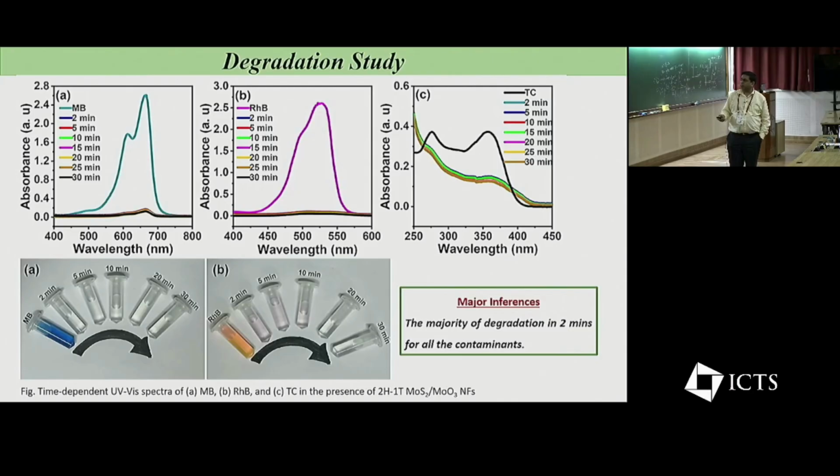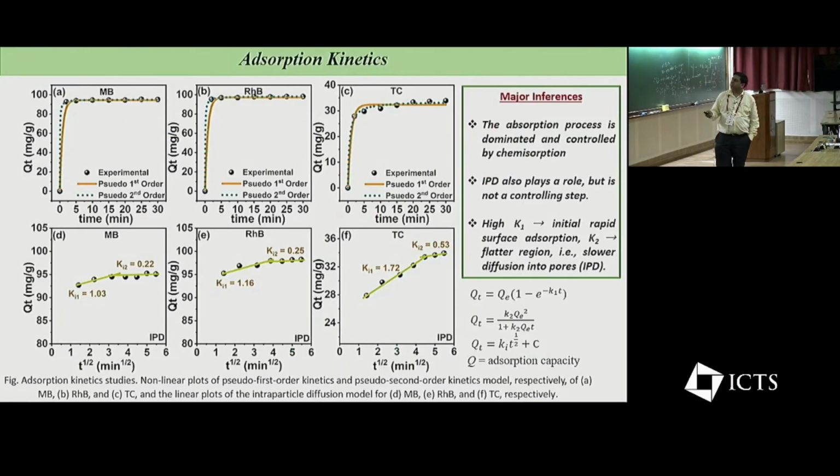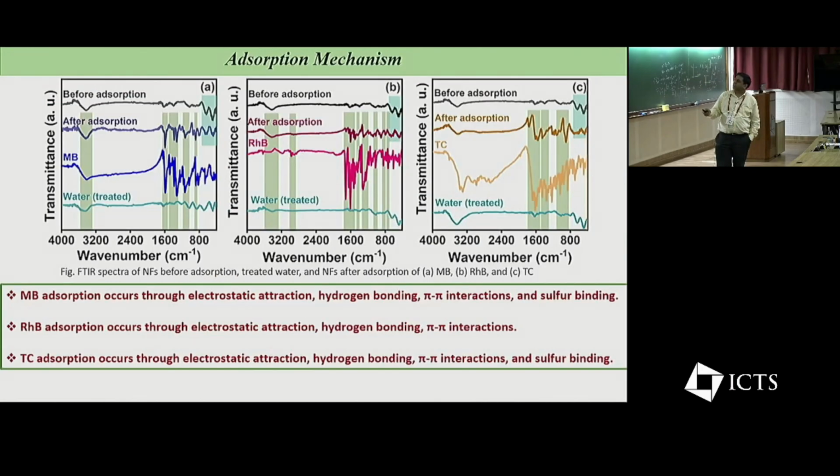But we carried out the experiment up to 30 minutes, and then just used a centrifuge and took out the supernatant, and you can see that the supernatant you collected from the vial does not have any of the contaminants.